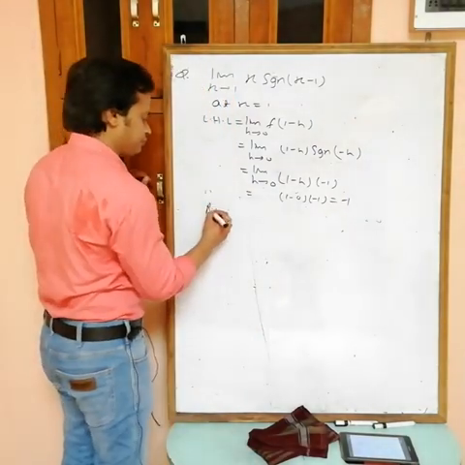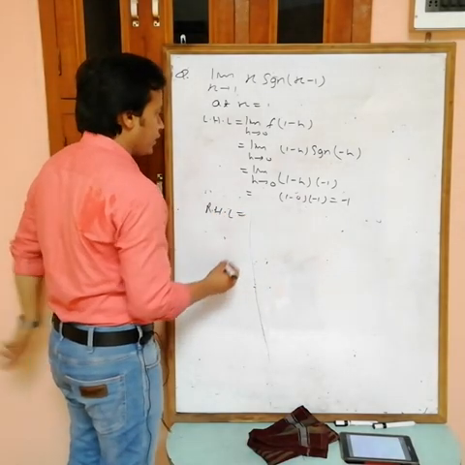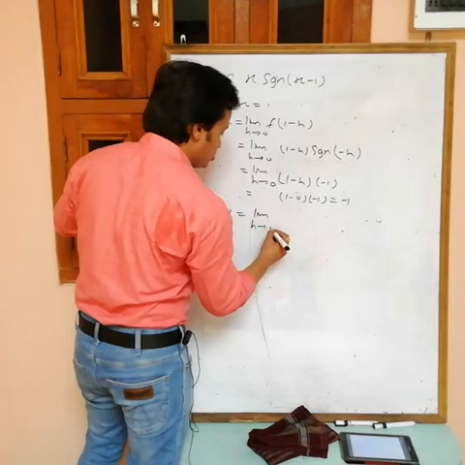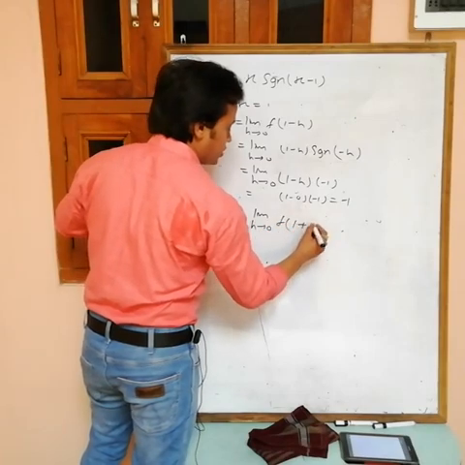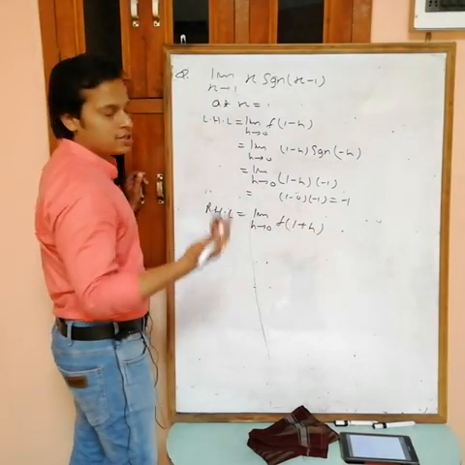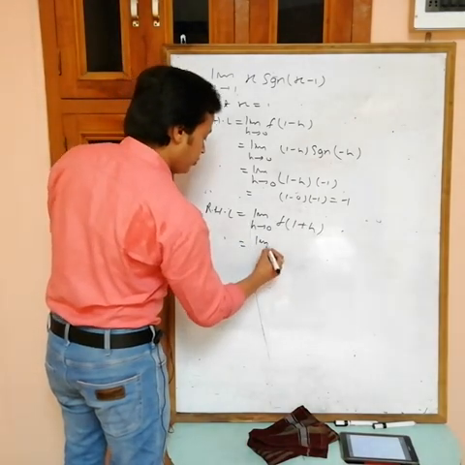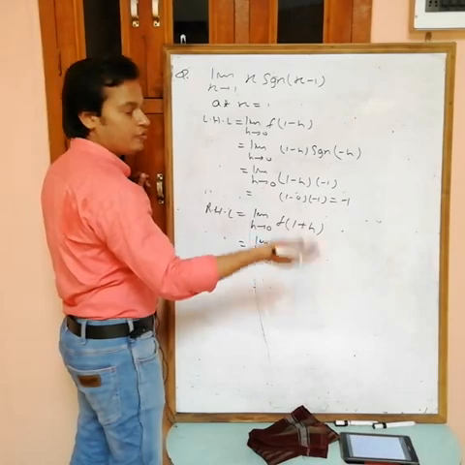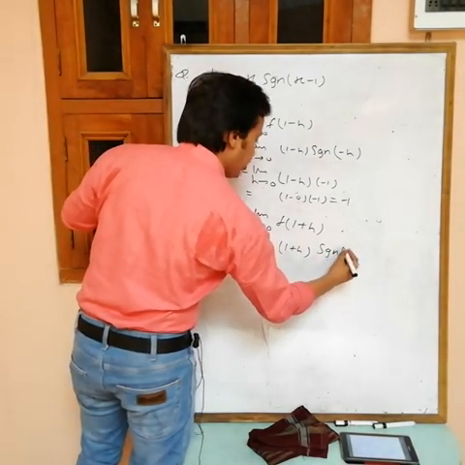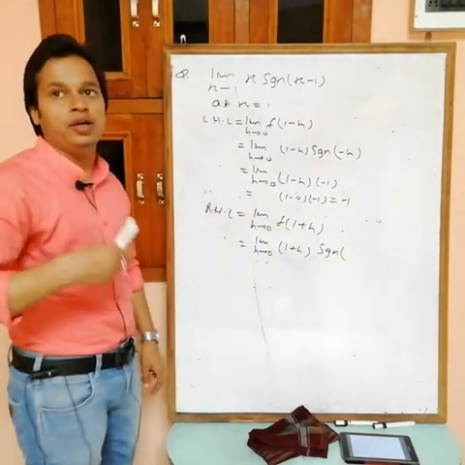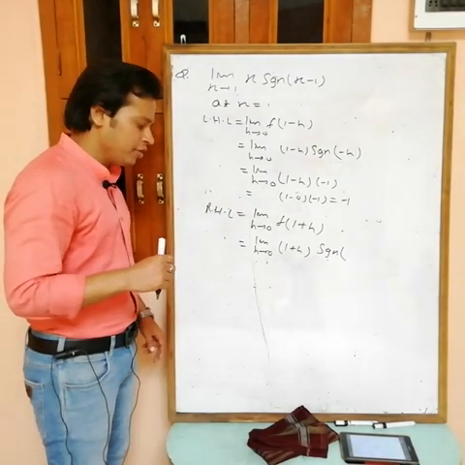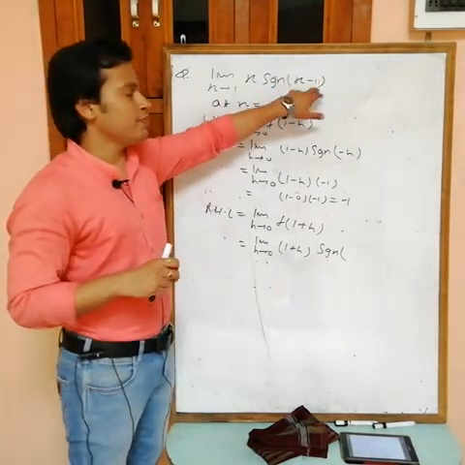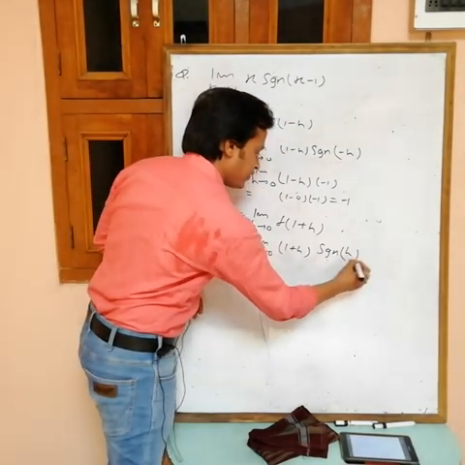Now find the RHL. RHL is the value of the function, limit h tending to 0, f(a plus h). A is 1, so 1 plus h. Now replace x as 1 plus h. Limit h tending to 0, (1 plus h) signum of, if you replace x as 1 plus h, then 1 plus h minus 1, you will get h.